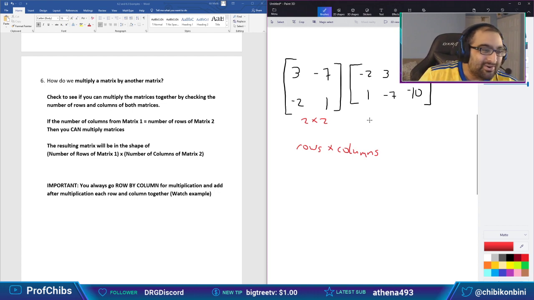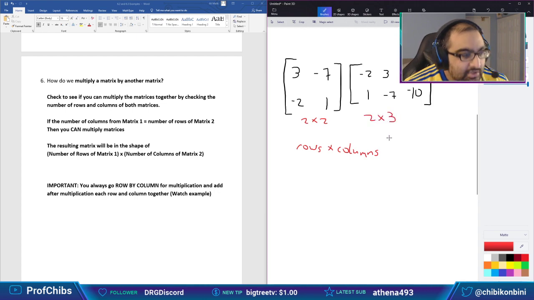All right, so the first matrix here is going to be a 2-row by 2-column matrix. So that's why I've put here a 2 by 2 matrix. The next matrix here is a 2-row by 3-column matrix. So we have 2 by 3. So we want to check again.